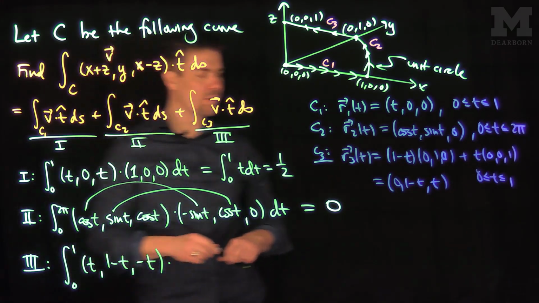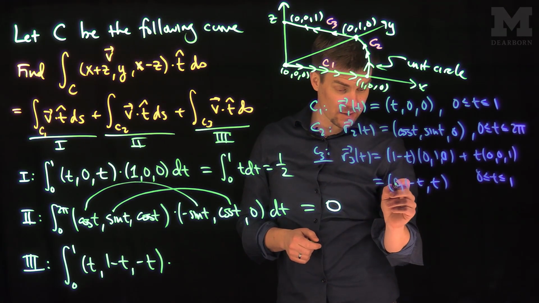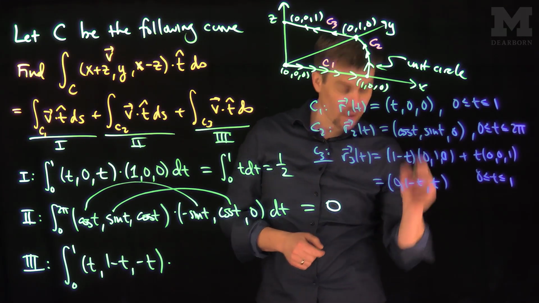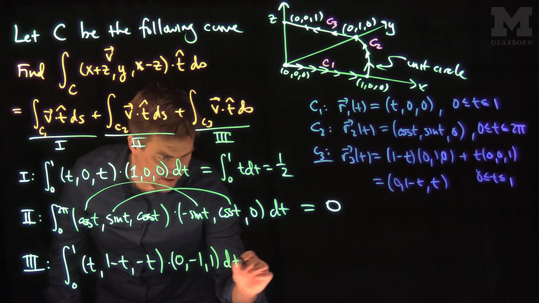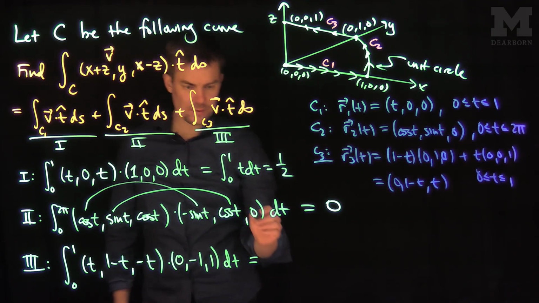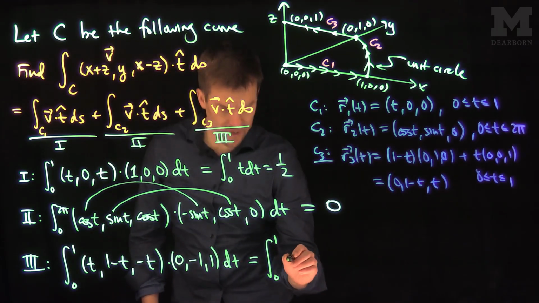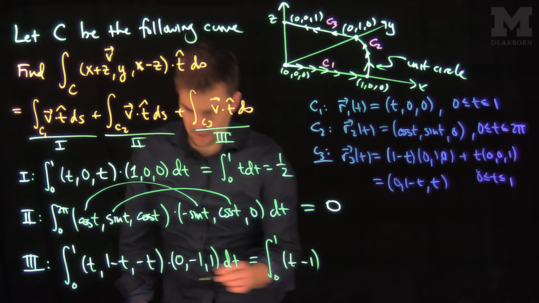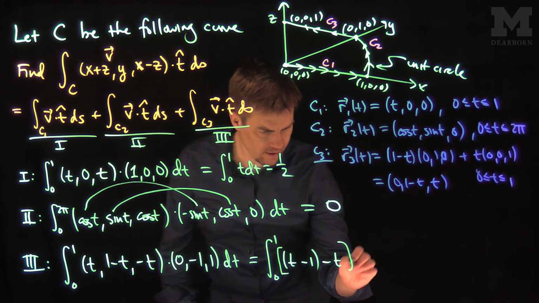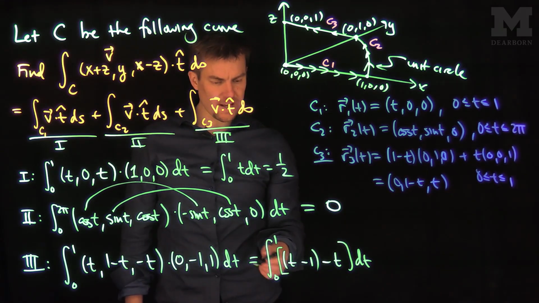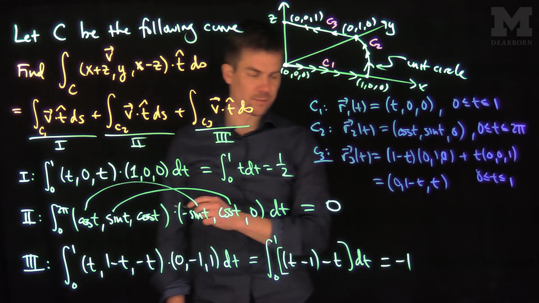We're going to dot this with the derivative of r3, which is 0, negative 1, 1, dt. So this will be the integral from 0 to 1 of, nothing, and then a t minus 1, and then a minus t, dt. Now the t's are going to cancel. I'm at the integral of negative 1 from 0 to 1. That just gives me negative 1. So that part contributes negative 1.